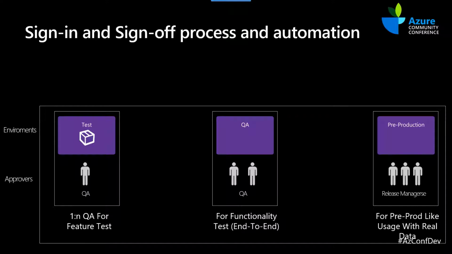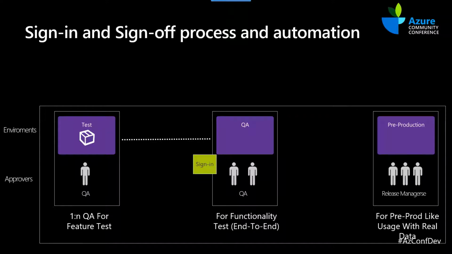So for example, if I want to move or promote my application from test to QA environment, I need to sign in. And this is usually by the approvers, which is in our case, the QA team. So it could be automated or manual, but it requires specific criteria in order to sign in.